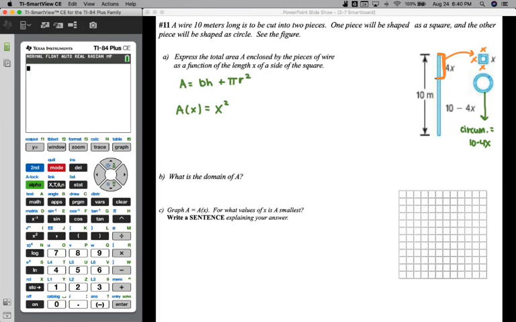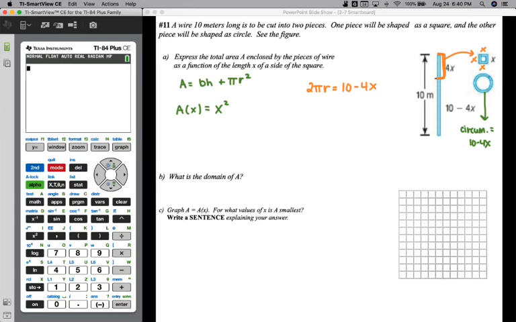Now, we know something about the circumference of the circle. We know the circumference of the circle is 10 minus 4x. So if we remember the circumference equation from geometry, we can start looking for a way to relate x and r. If you think back to geometry, 2 pi r, or pi times the diameter, was the circumference of a circle, and we know that our circumference is 10 minus 4x.